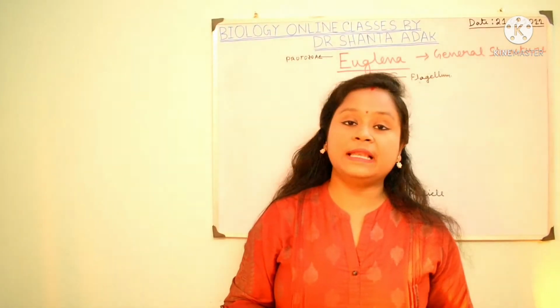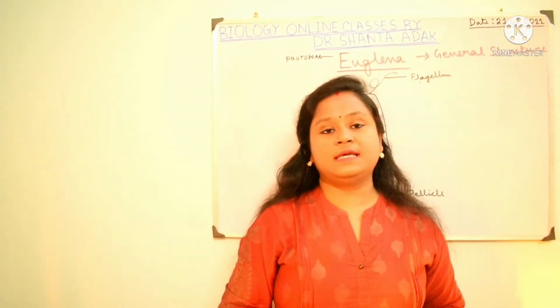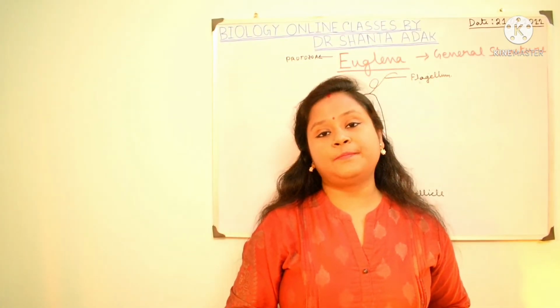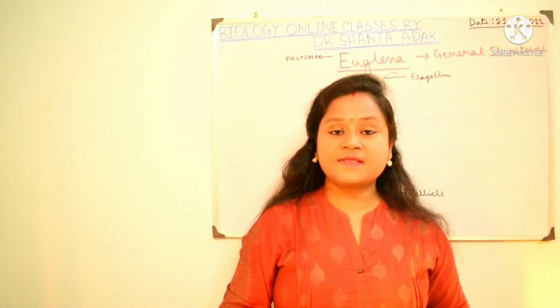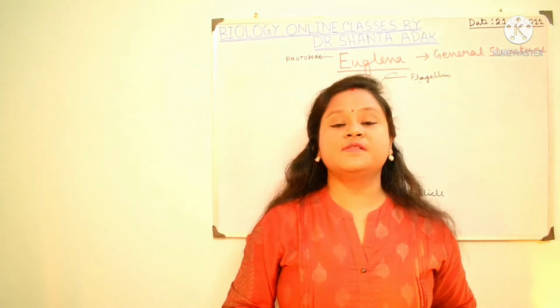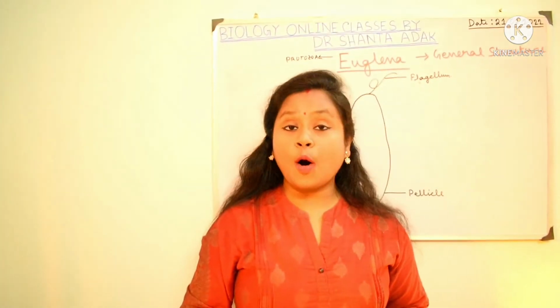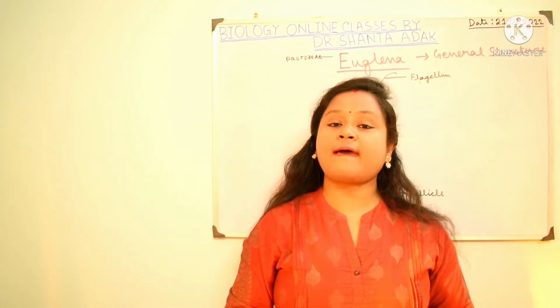So what is pellicle? The body of Euglena is covered by a cuticular periplast or pellicle, which lies beneath the plasma membrane. The body is provided with oblique and parallel striations all around.